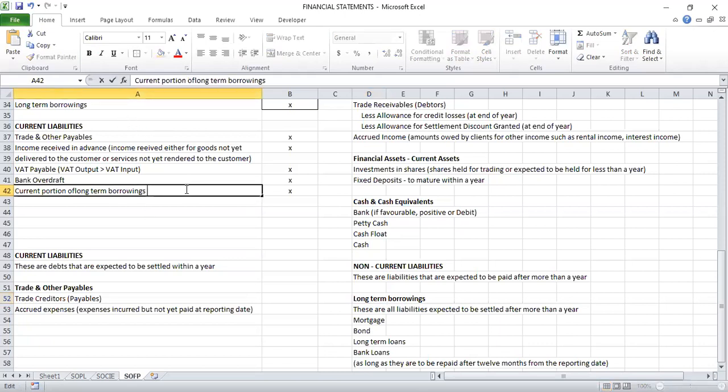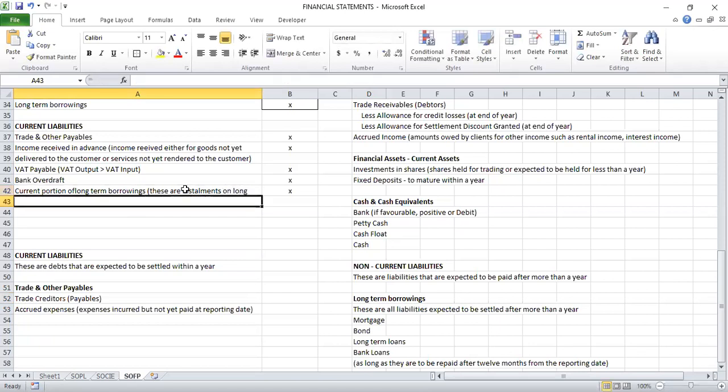So these are installments on long-term borrowings which will be settled within a year.